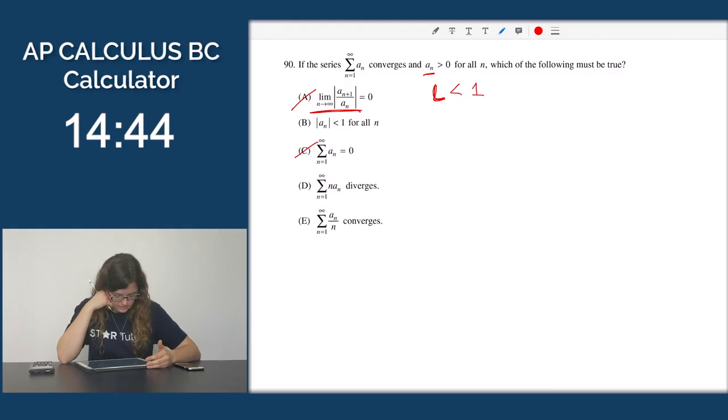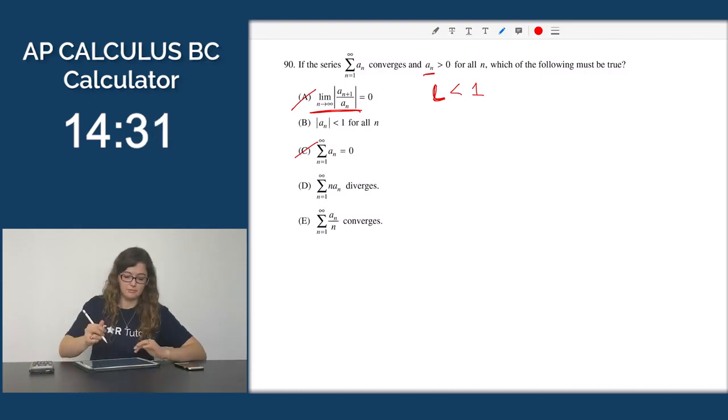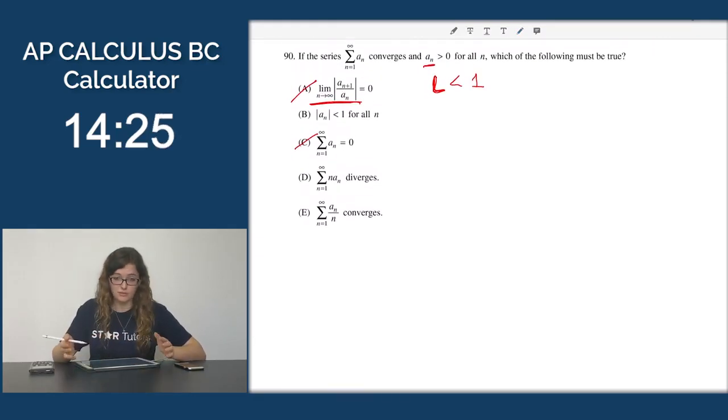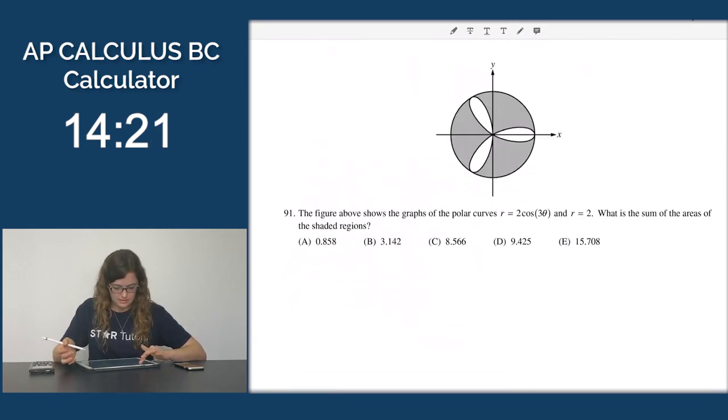Yeah, this one's tricky. The limit of this goes to 0, that goes to... Okay, so for now I'm going to skip this one because at this point these are kind of hard. And I'm going to try and do the last two problems first before coming back to this one.